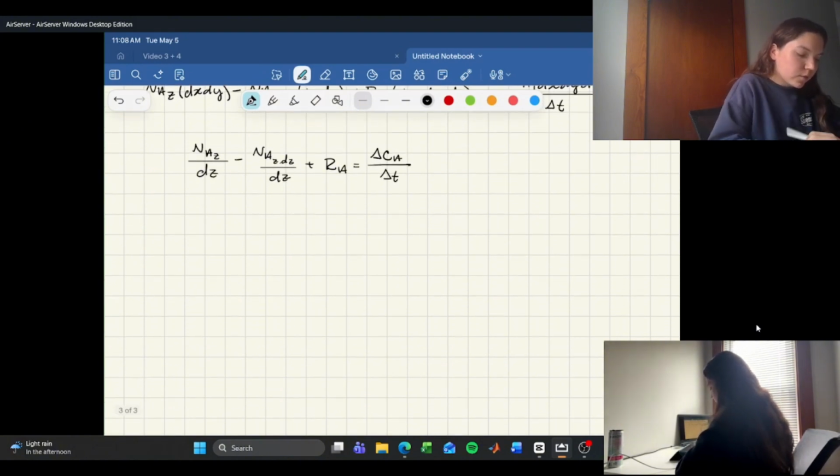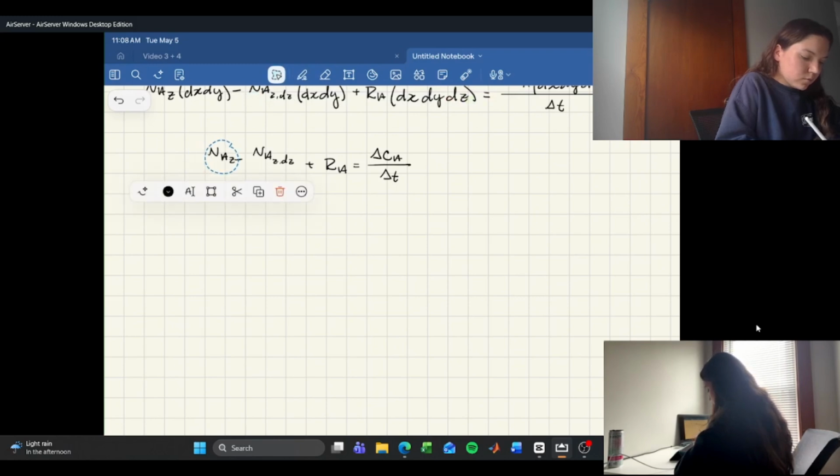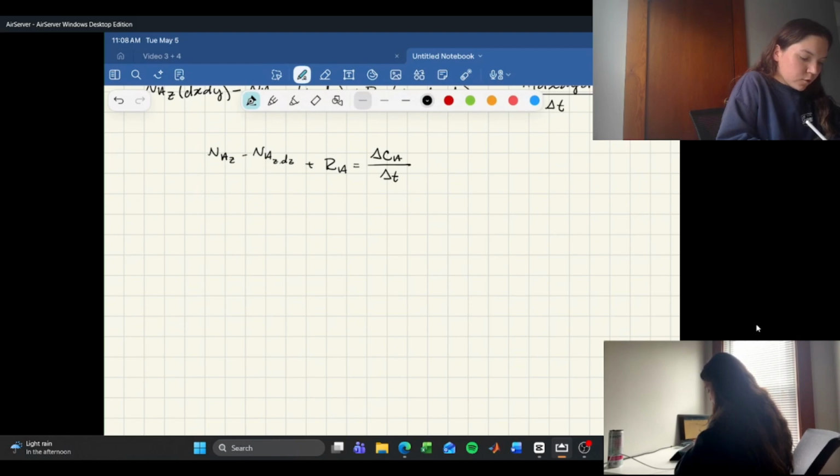And this can be simplified further by putting this together, so both of these are in minus out over dz.